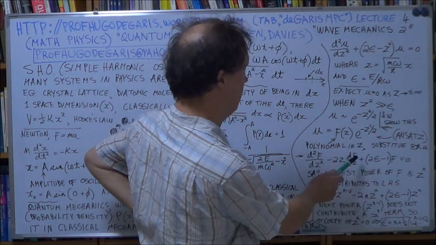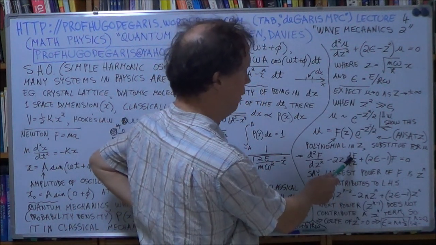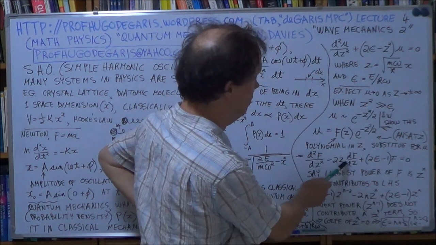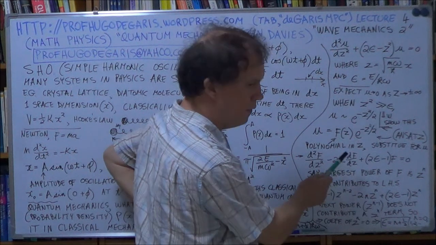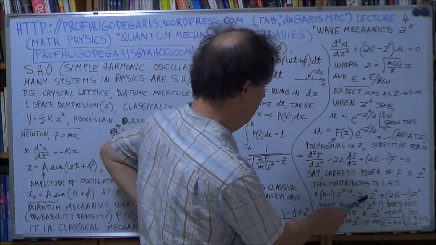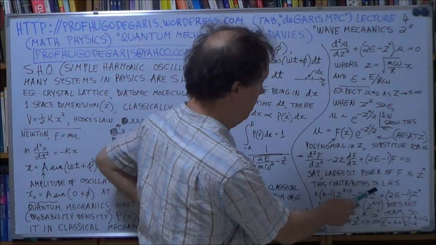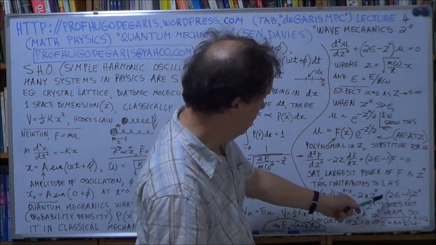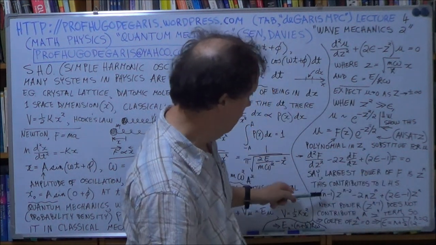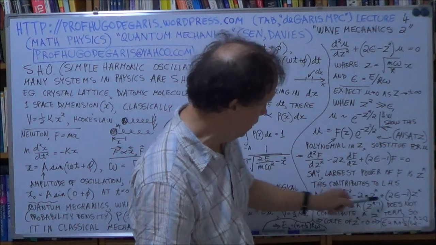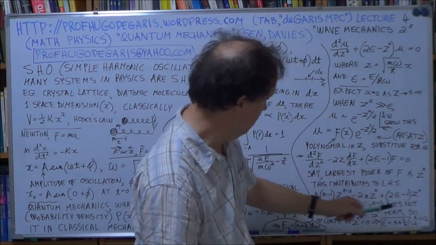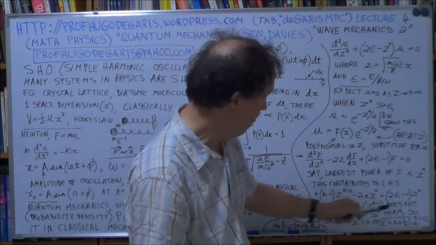You differentiate that once, so that'll give you a z to the n minus 1, but you've got another z, so again you've got z to the n, so minus 2n z to the n, and the z term here. We're only looking at the terms that involve z to the n.